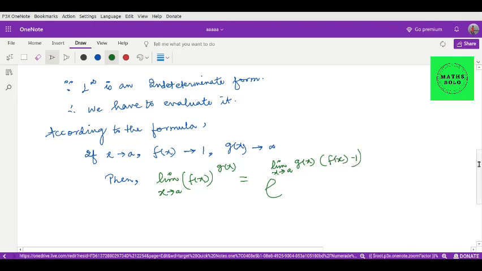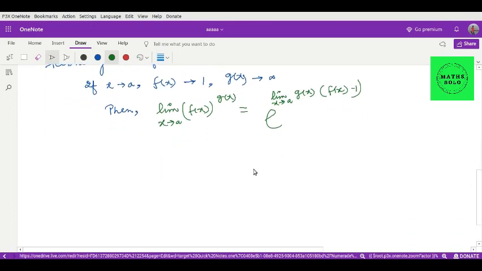Now this is the formula, and according to this formula we have to solve this problem.